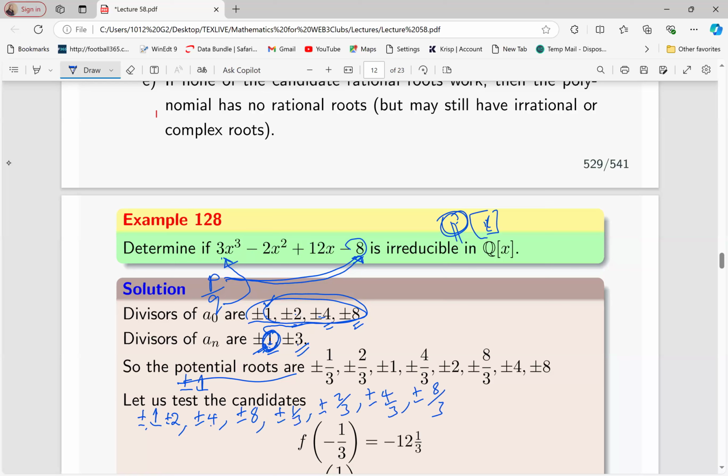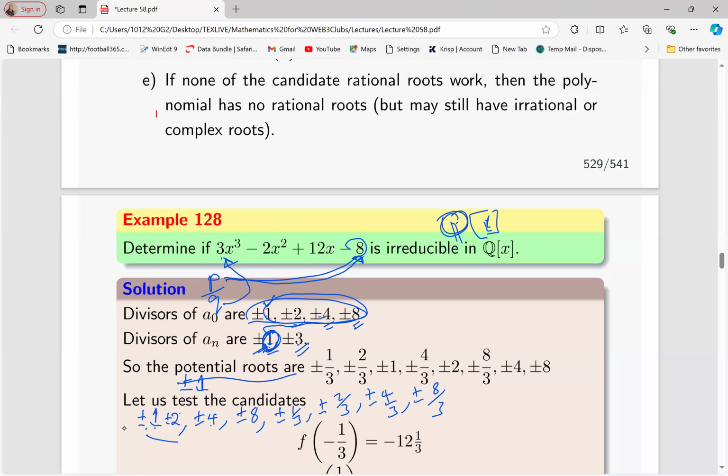How many possibilities are these? These are 16 possible roots, because +1 and -1 are 2 possibilities, +2 and -2 are another 2, and +4 and -4 and so on.